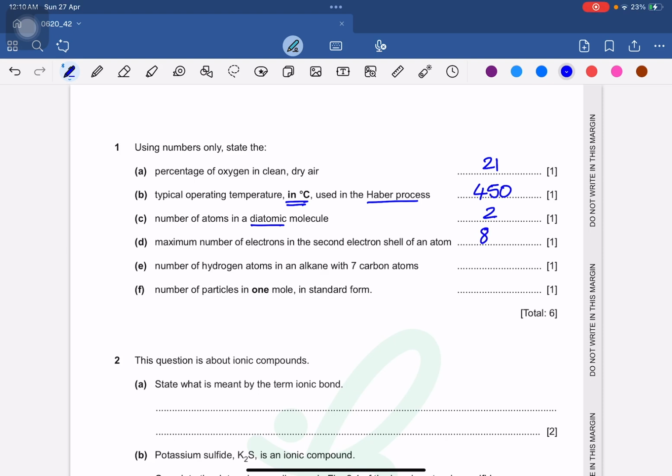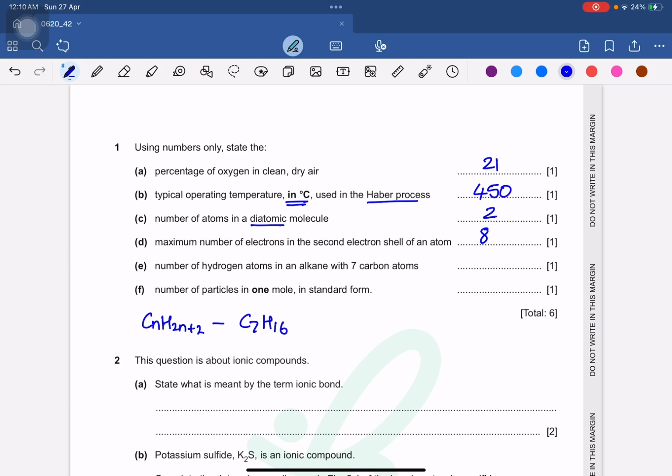The next one, number of hydrogen atoms in an alkane with 7 carbon atoms. So for this, let us apply the general formula for alkane, which is CnH2n+2. So if I put the value of n as 7, the answer will be C7H16.